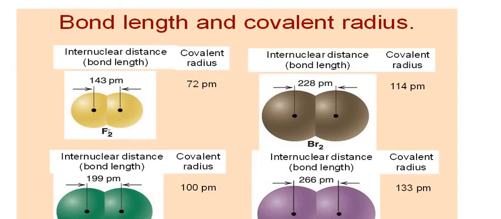Here, for example, two fluorine atoms combine together to form a fluorine molecule. If the distance between the two nuclei, the bond length here, is 143 picometer, where 1 picometer is equal to 10 to the minus 10 meter, and you divide this distance over 2, you get the radius of a fluorine atom, which is approximately 72 picometer.